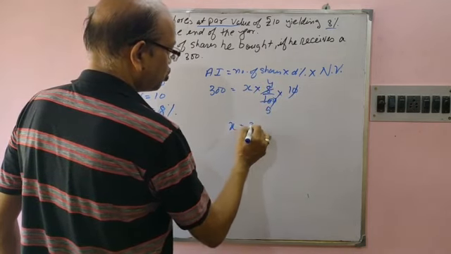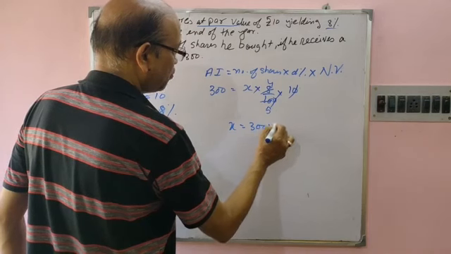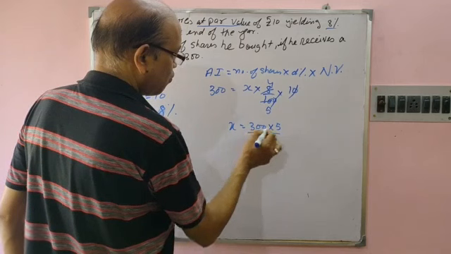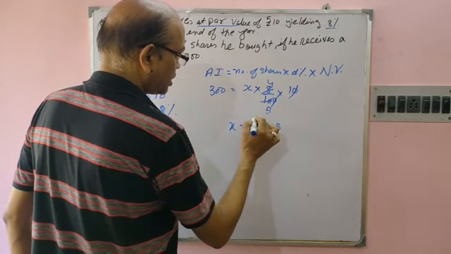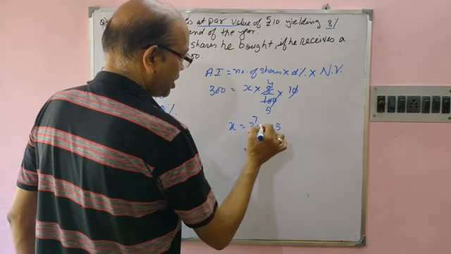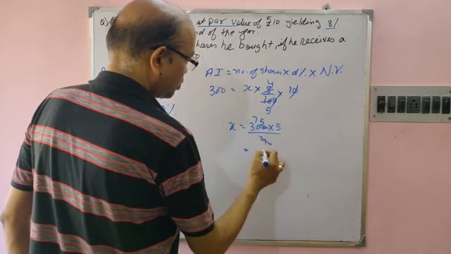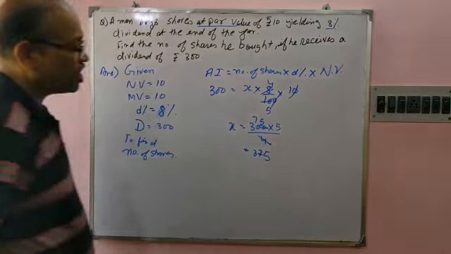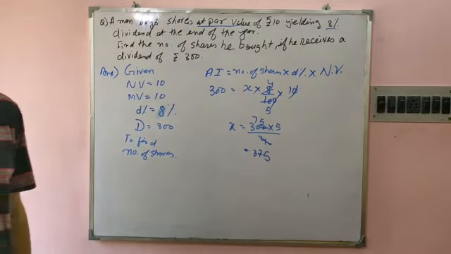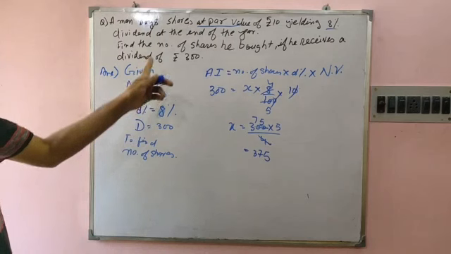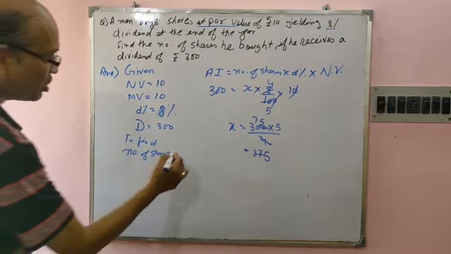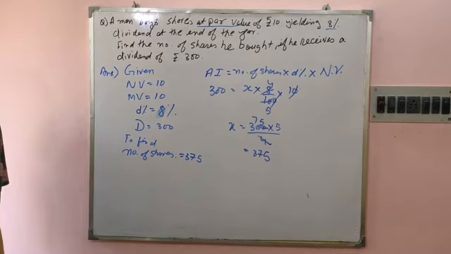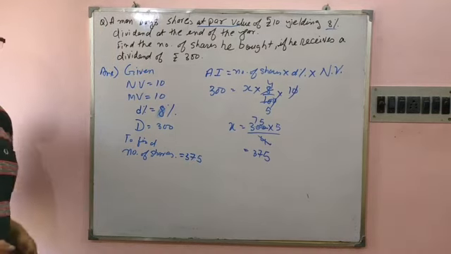Therefore X is equal to 300 into 5 by 4, which is equal to 4 7s are 28, 75, 5 5s are 25, 375 shares. So the number of shares bought is 375. Is it clear, children? Okay, copy down.